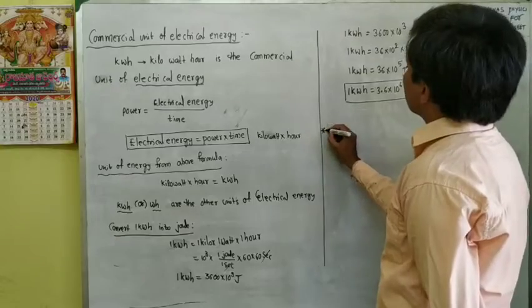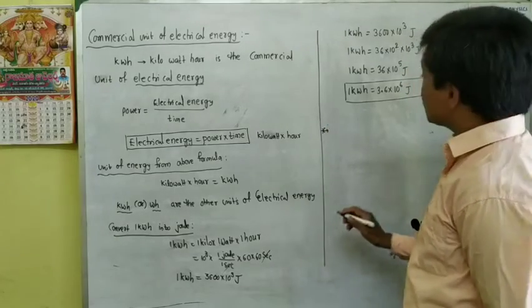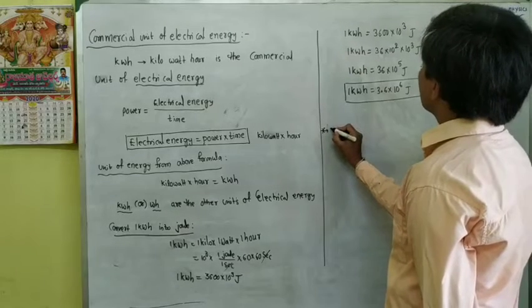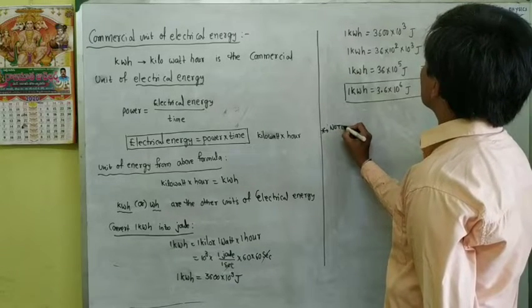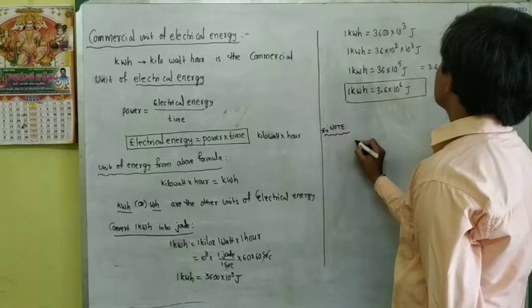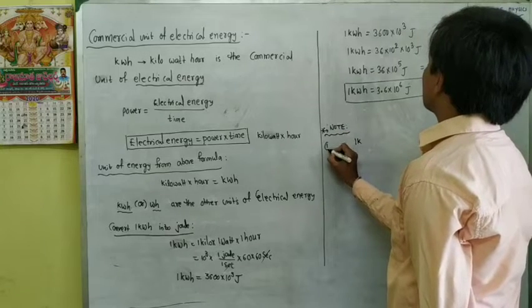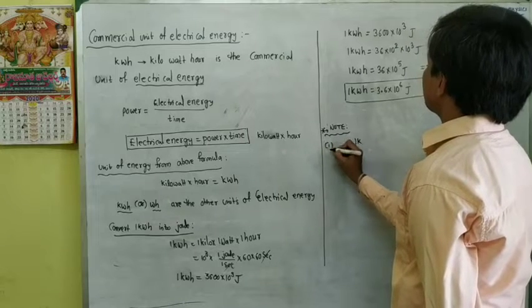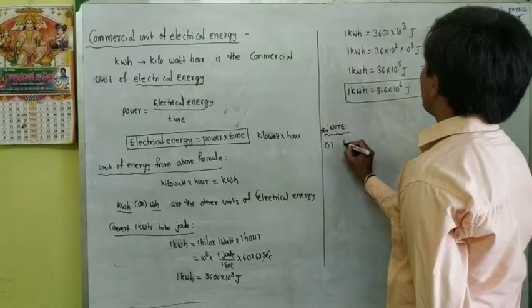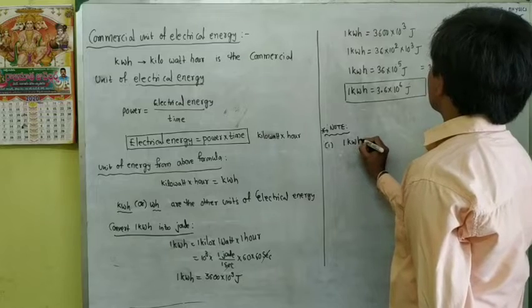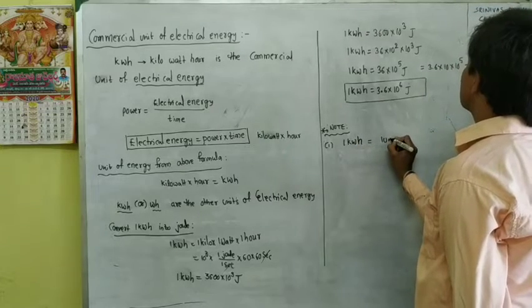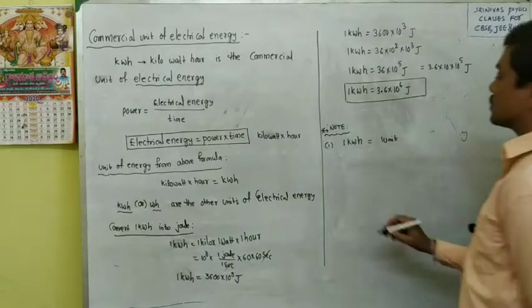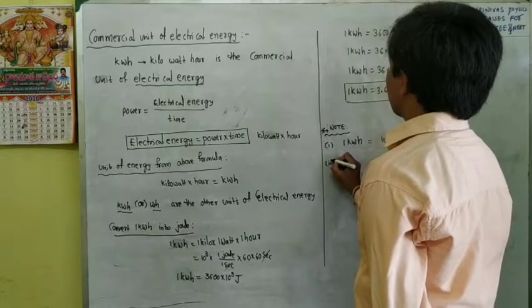If 1 kilowatt hour of energy is used, then we say that it is equal to 1 unit. 1 kilowatt hour is equal to 1 unit.